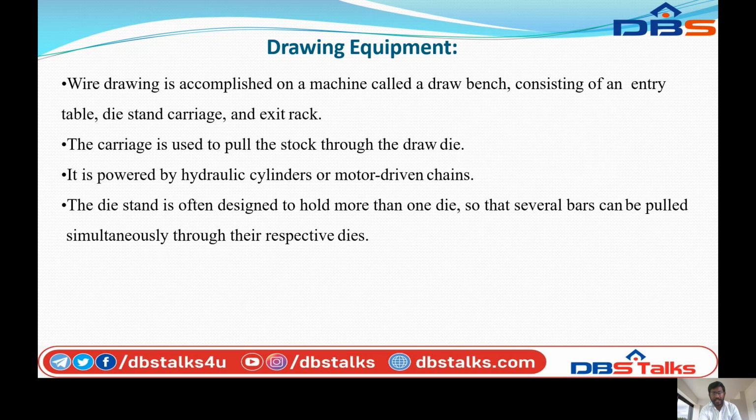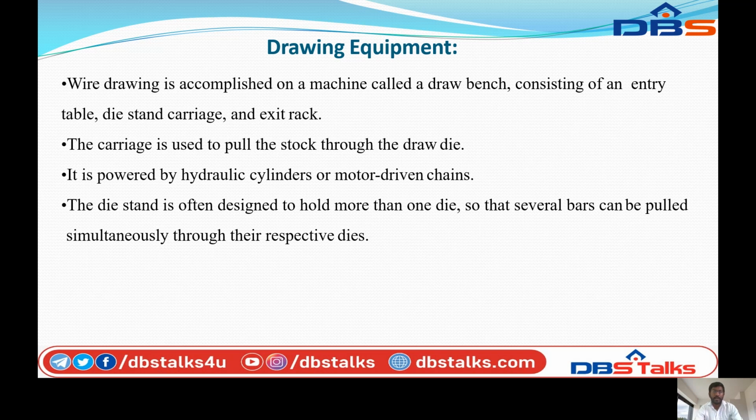So next, drawing equipment. What is the drawing equipment? Wire drawing is accomplished on a machine called a draw bench, consisting of an entry table, die stand, carriage, and exit rack. The carriage is used to pull the stock through the draw die.